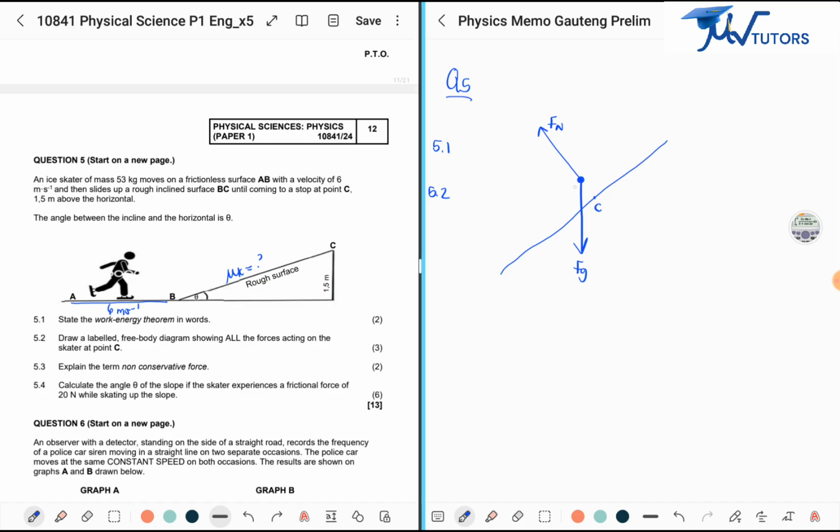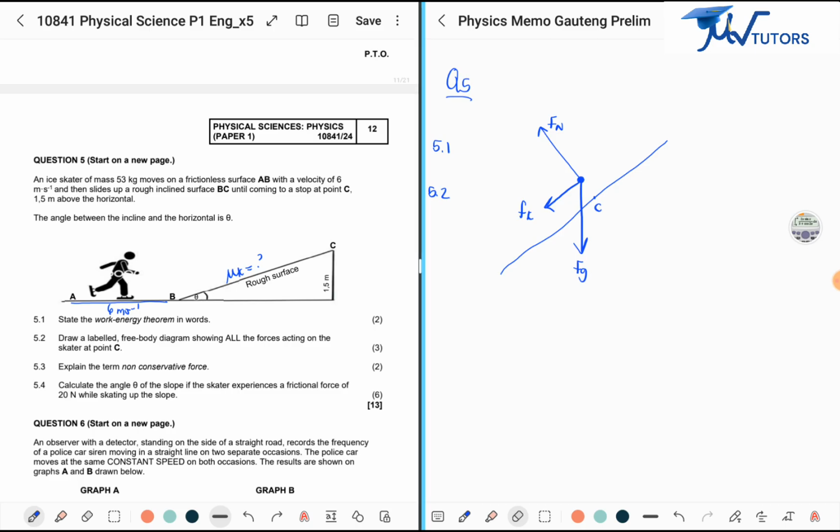So the friction is opposing the motion. But let's think about it. At point C, they're stationary. They're not moving up. So what is the temptation? If you are stationary, the temptation is to fall backwards. So what will friction do? It's opposing your motion.